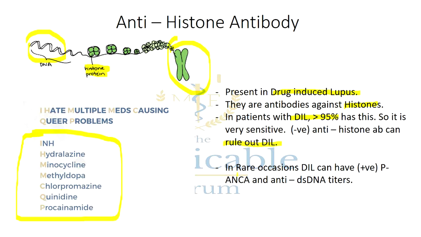On rare occasions, drug-induced lupus can have positive P-ANCA values. What's a P-ANCA? It's a perinuclear antineutrophil cytoplasmic antibody. So, my God, what's that jargon? Let me talk to you about it a bit later. Just hang on, keep it on a side note that drug-induced lupus can have P-ANCA levels on rare occasions.